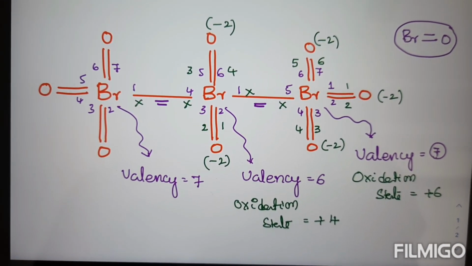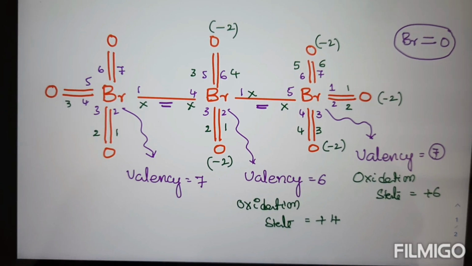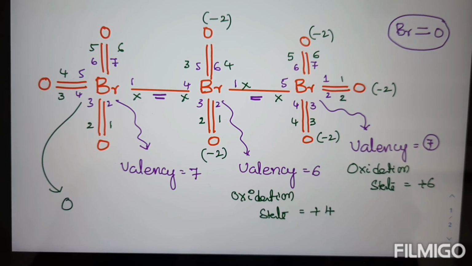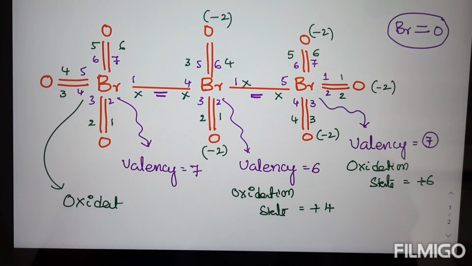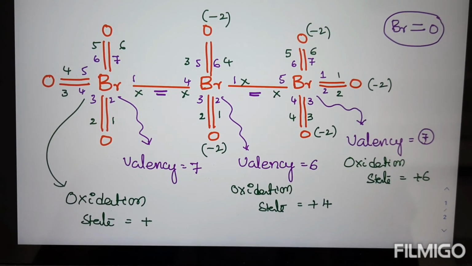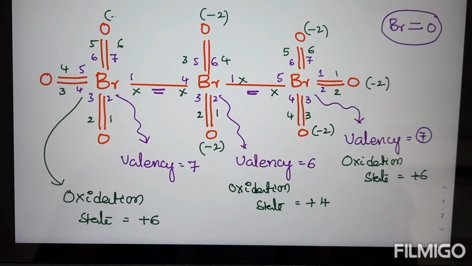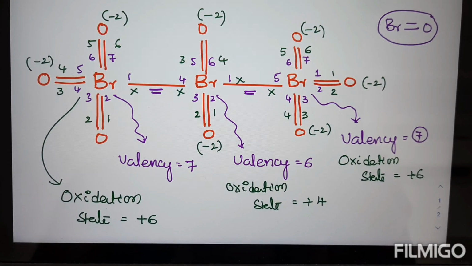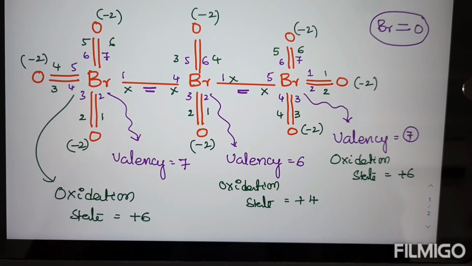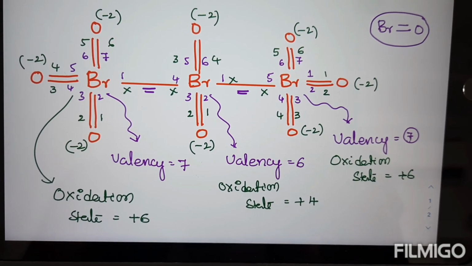Here this bond is not counted. 1, 2, 3, 4, 5, 6. So its oxidation state is +6. Oxygen exhibits -2, -2, -2. So this gives good information for all the NEET and JEE Mains students. Thank you.